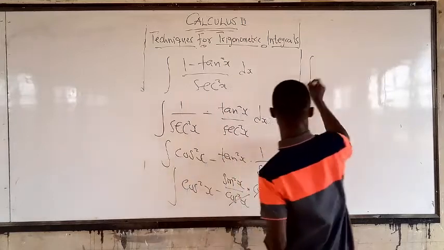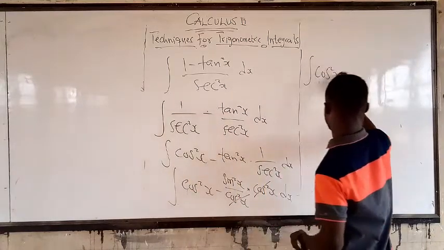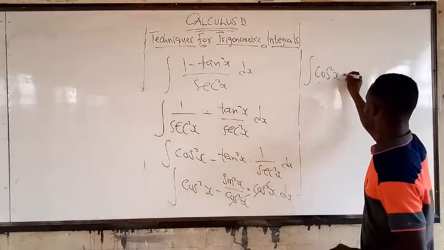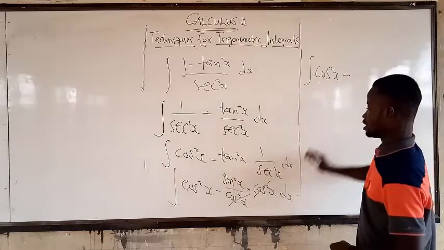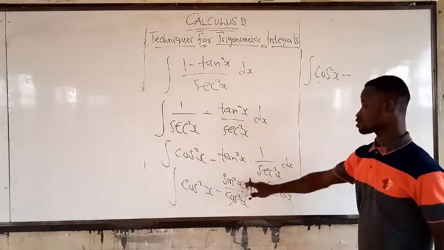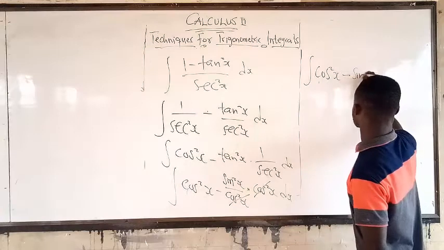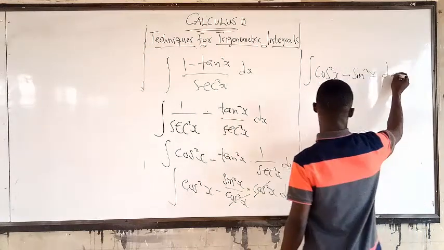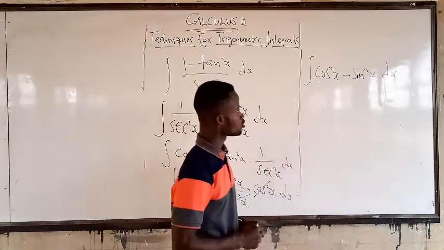And now here we get cos square x minus, when the square of this is taken away, we are left with sine square x dx.